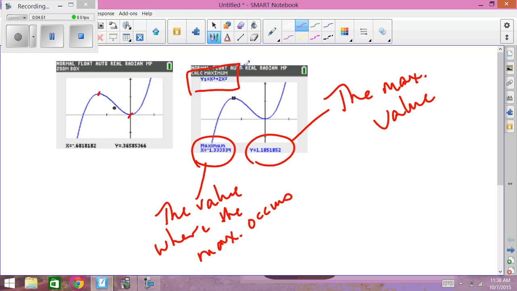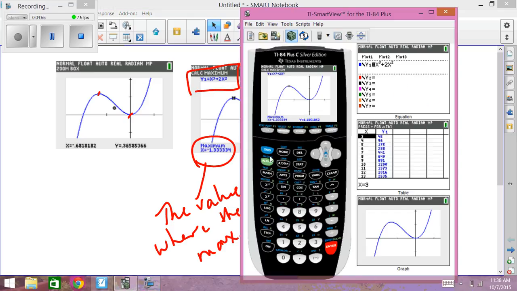Okay, so finding a minimum is going to be the same process, but we're going to look for a minimum. So we're going to go to second calc, and instead, we're going to go to minimum. It's going to ask us the same series of questions. Left bound. So this time we want to be right there.